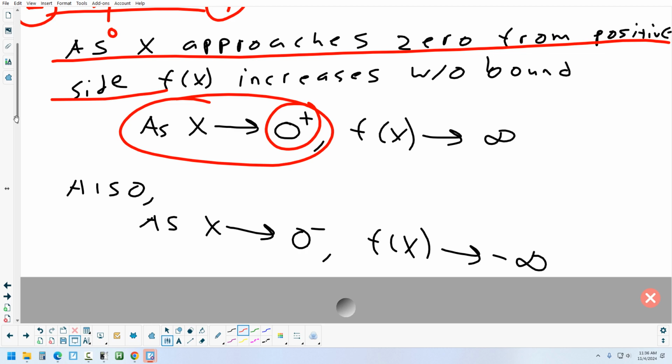And we saw that when we plugged in a value very close to 0 on the positive side, it went up very high. On the negative side, it went down very low. Now, does anybody know what that indicates? When you start to approach a number, and it goes up very high, and it goes down very low.